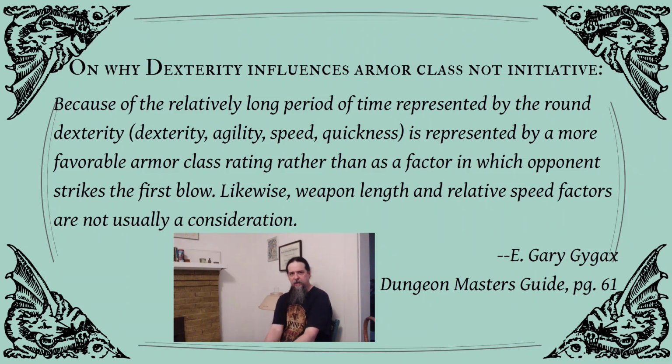I know Dragon Quest does, where your agility score is ranked, and then we go around by whoever has the highest agility goes first, and so on until you get to the person with the lowest agility. That's not the way first edition Advanced Dungeons and Dragons works. There may be other things that can modify your initiative on a per case basis, but it's just not coming from your dexterity.